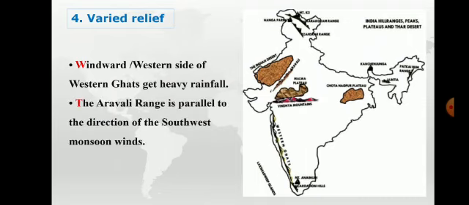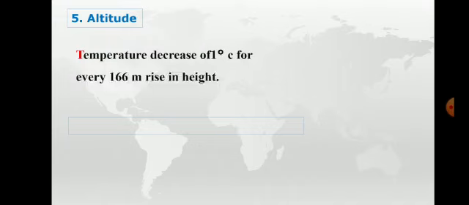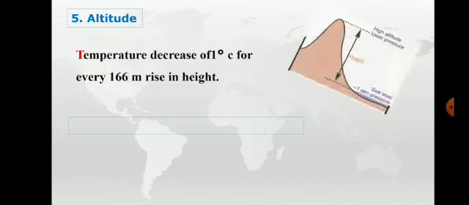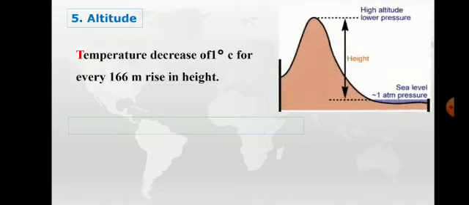Next we'll go to the next point, that is altitude. There is a decrease of 1 degree Celsius for every 166 meter rise in height because temperature decreases as you move to higher altitudes.